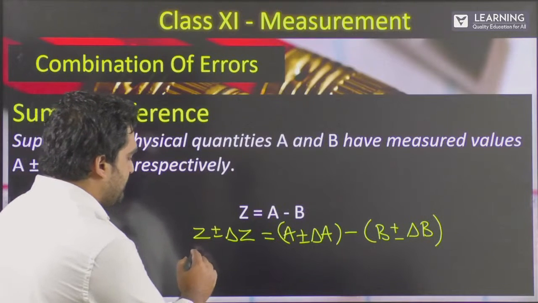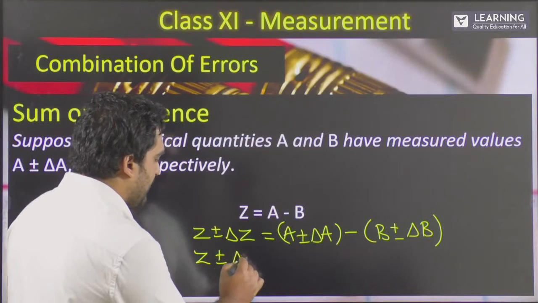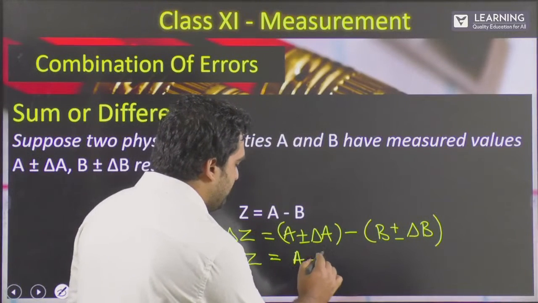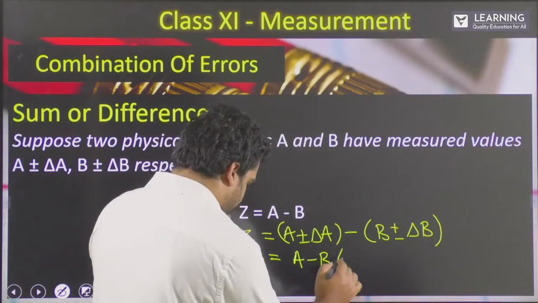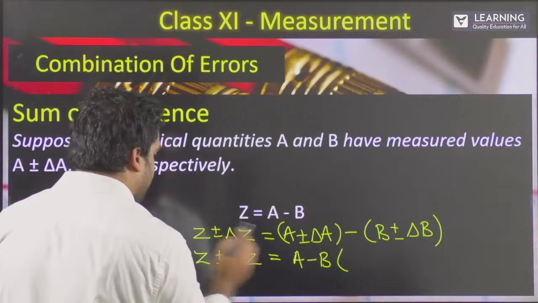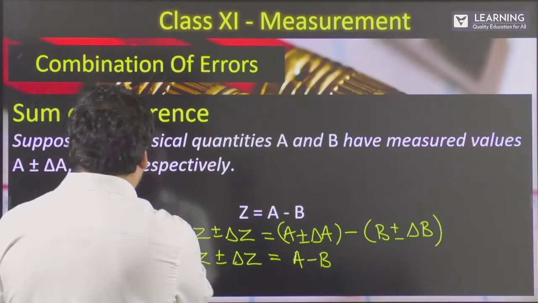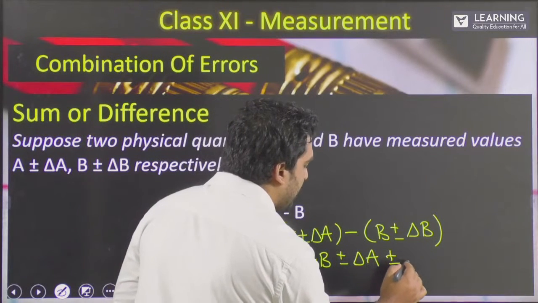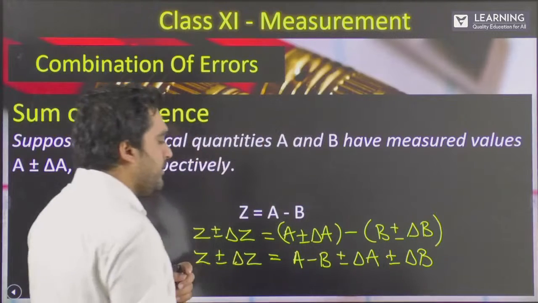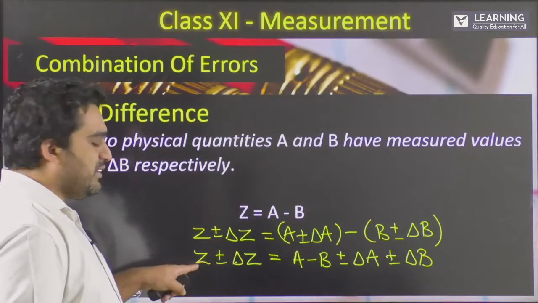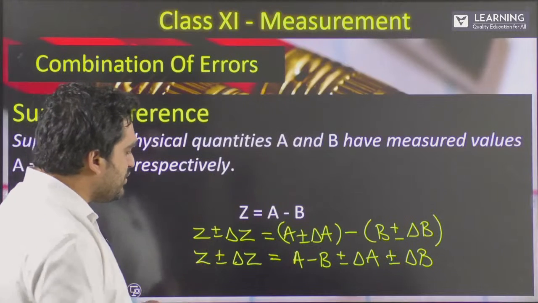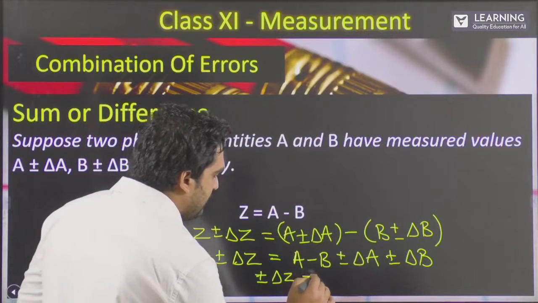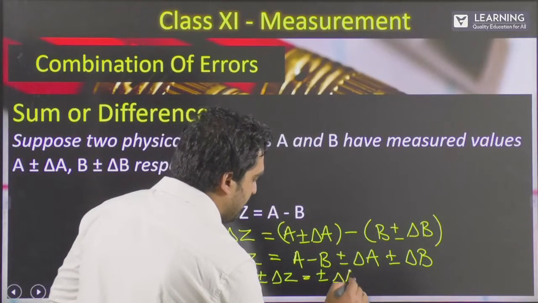So next step, observe Z plus or minus delta Z equals A minus B, and then you have A minus B, and then you have plus or minus delta A plus or minus delta B. A minus B, as we know, is nothing but Z.